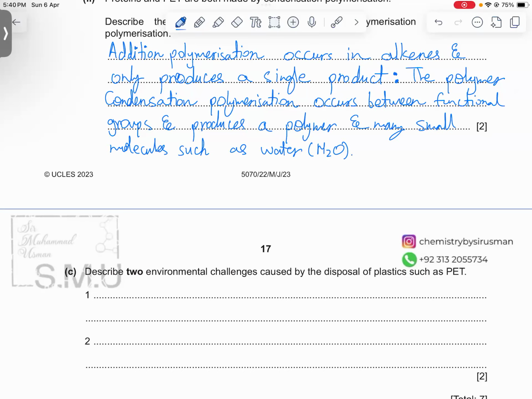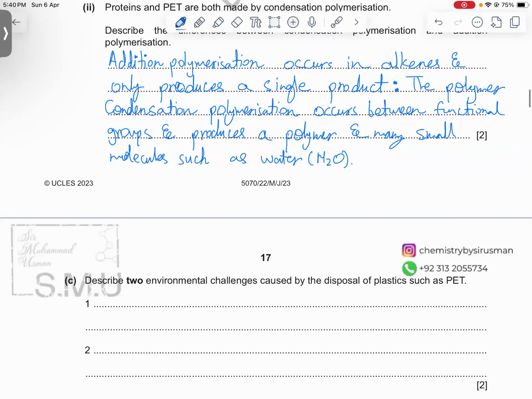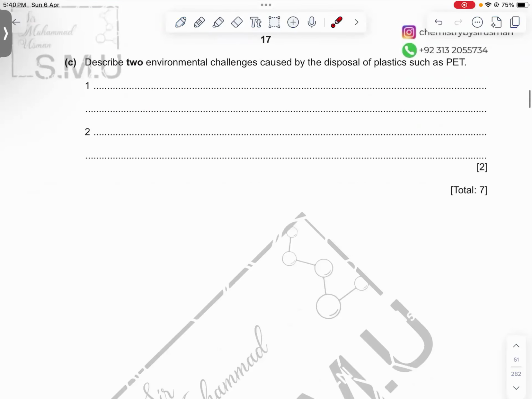In condensation polymerization, you see that functional groups join and a polymer is produced, but also every time there is condensation reaction, every time two functional groups join, a water molecule or any other small molecule is liberated. All right, so those were some differences between addition and condensation polymerization.